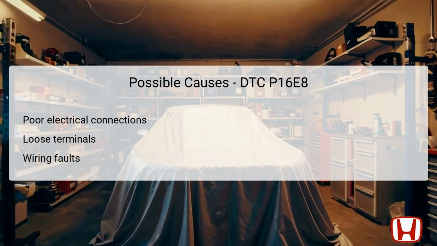In addition, wiring faults, such as shorts or opens in the LIN wires connected to the shutter grille, could disrupt communication entirely. Other issues, such as a malfunctioning shutter grille motor or PCM, can contribute to the failure also. Identifying and rectifying these issues is essential before proceeding further in repairs.